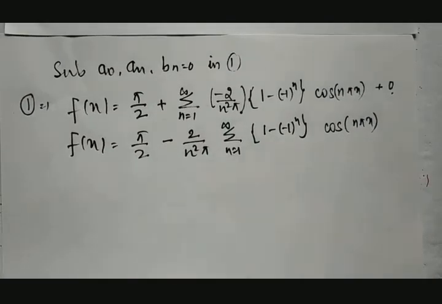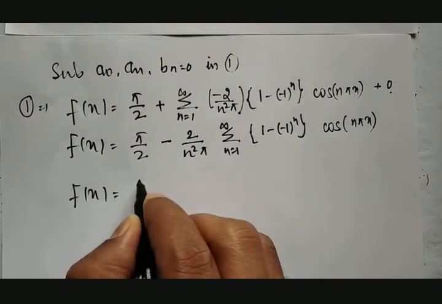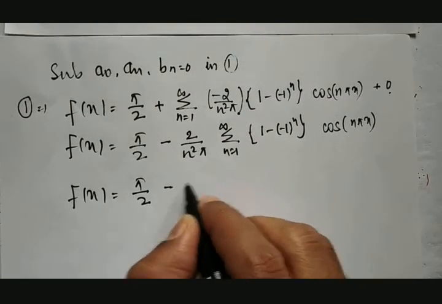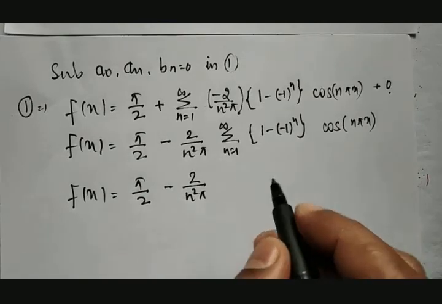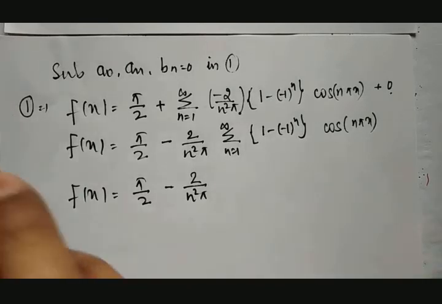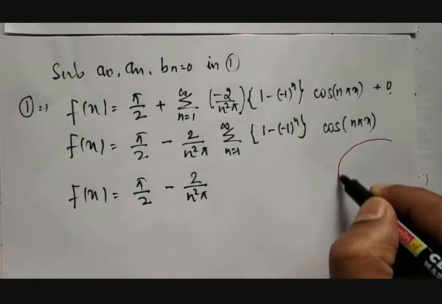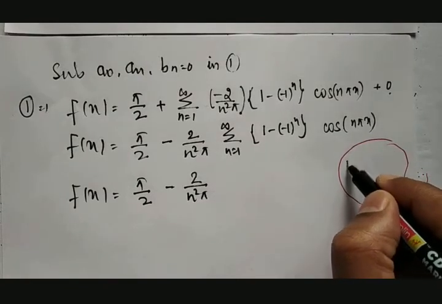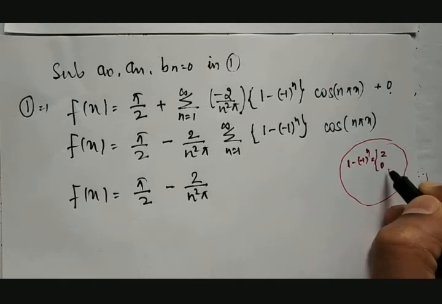Fine. So f of x is equal to pi by 2 minus 2 divided by n square into pi. We'll check its value, what it will be exactly. 1 minus of minus 1 raised to n will be either 2 or 0.